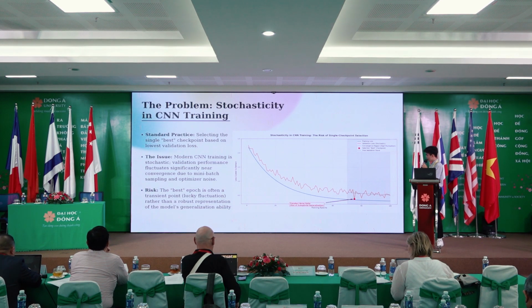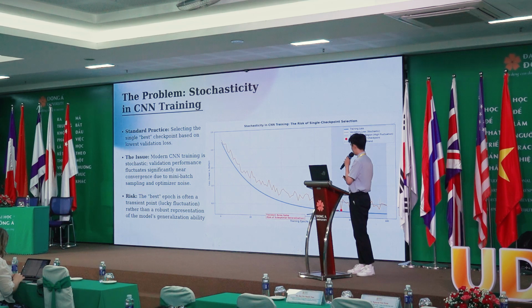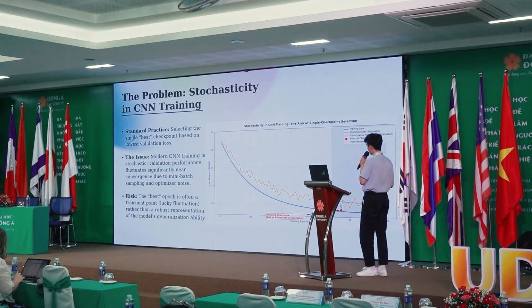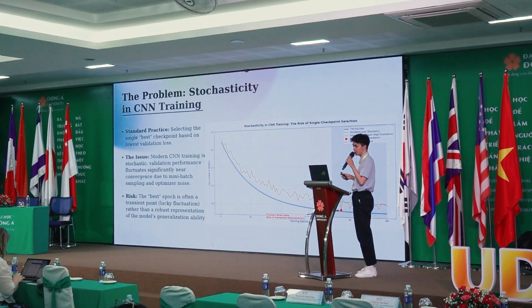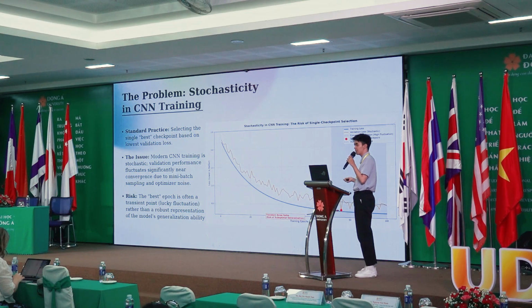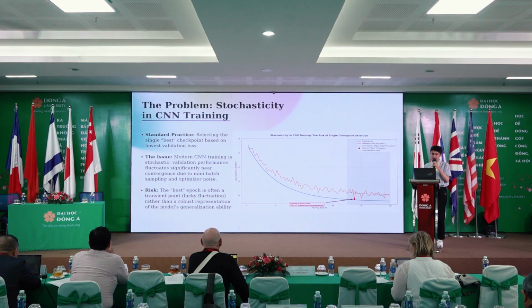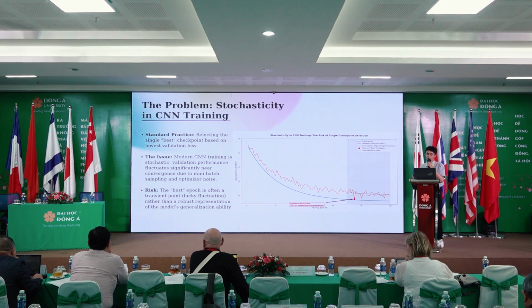As you can see in the graph, the validation performance near convergence is rarely stable, so it fluctuates significantly due to the mini-batch sampling and the optimizer noise. So selecting a single point is essentially a gamble that you might be picking a transient noise spike rather than a model that truly generalized.